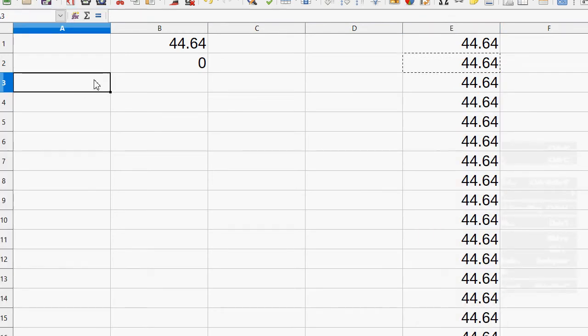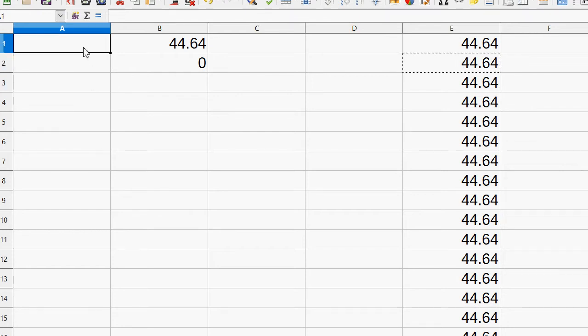So now, let's just say I want to find out what my percentage move is. So let's just put in 33%. This way I can change it any time I want. So let's get the high number. This is the easy one.